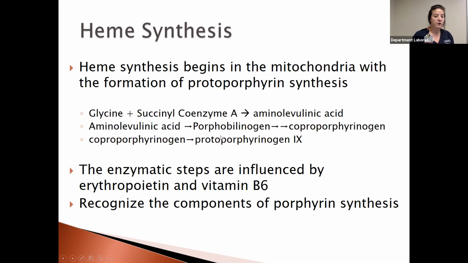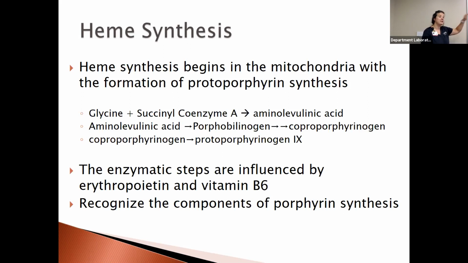So then you're going to have your ALA, that's what I'm going to say from now on, and it is going to go through a series of enzymatic steps. These are the enzymatic steps involved in the formation of our protoporphyrin ring 9. You don't have to necessarily memorize this process, but you need to be able to recognize these enzymes involved, because if there is ever a deficiency in one of these enzymes, we will have abnormal heme synthesis, such as in lead poisoning.